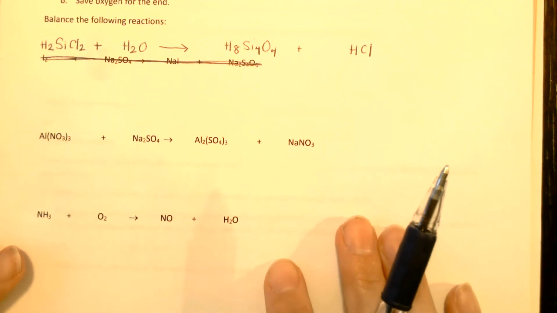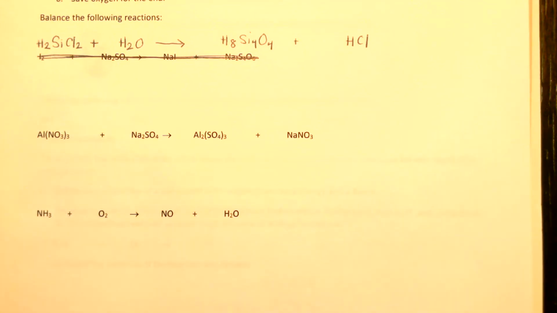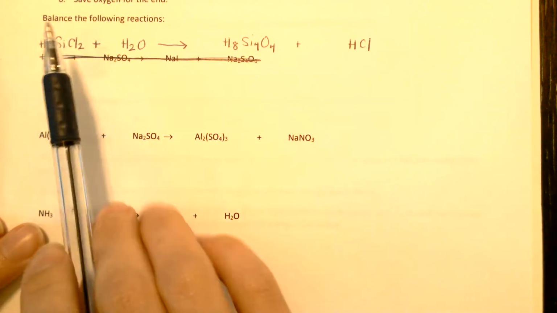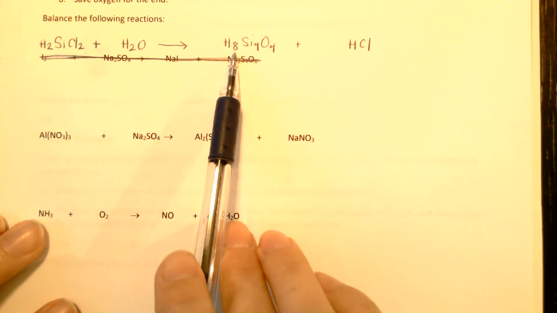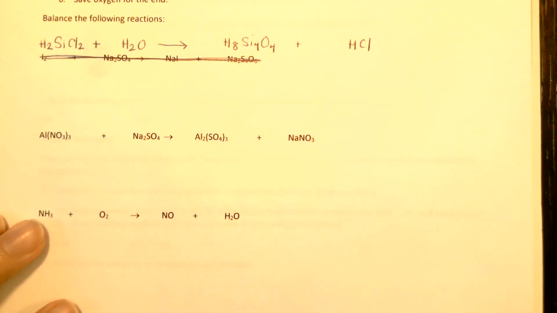Okay, so let's balance these, looking at our rules. We have H2SiCl2 plus H2O to give us H8Si4O4 plus HCl. Again, I like to write out my elements. I have H, Si, Cl, and O. Okay, so we'll count it up.